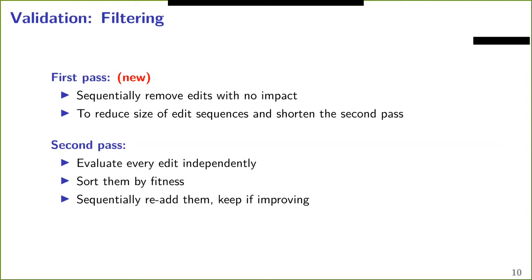The idea is to significantly reduce the size of the sequence and shorten the second pass. The second pass is taken from previous work. We'll take the edit sequence, evaluate every edit independently, sort the edits by fitness, take the best one, and try to sequentially re-add all of them while keeping only edits when they improve the resulting fitness.